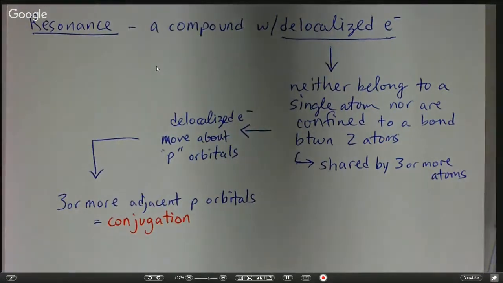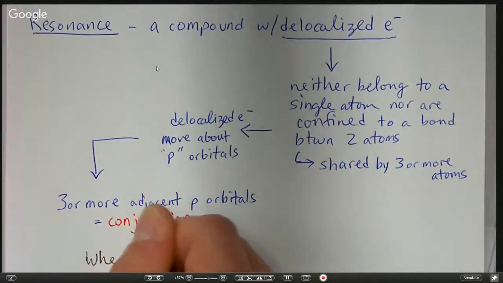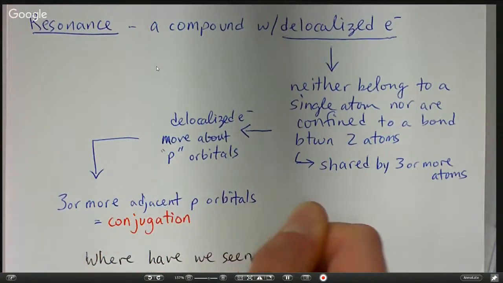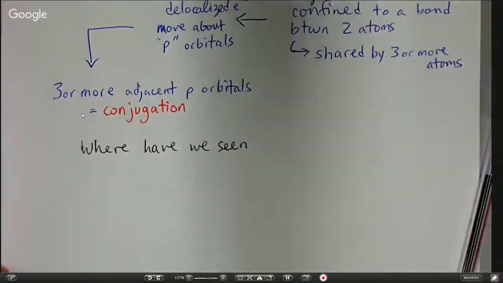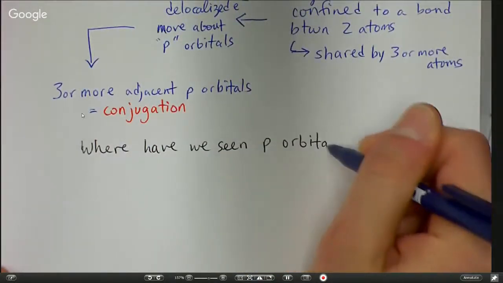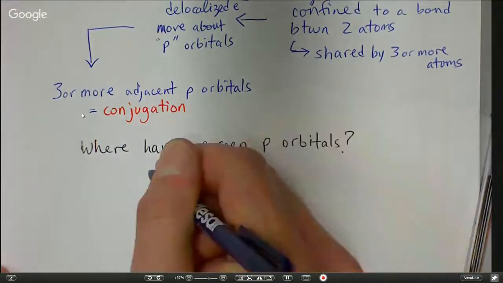So in considering this, we can ask, hey, where have we seen p orbitals already? We've seen it in 2 places.